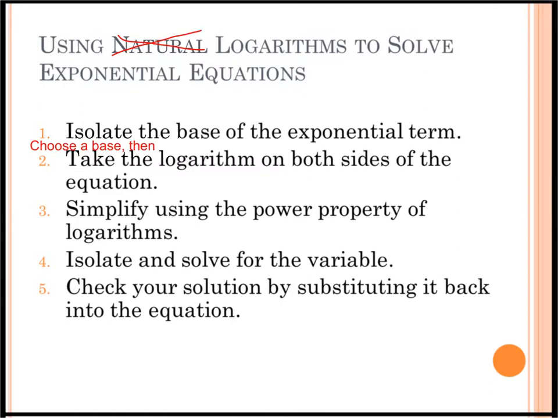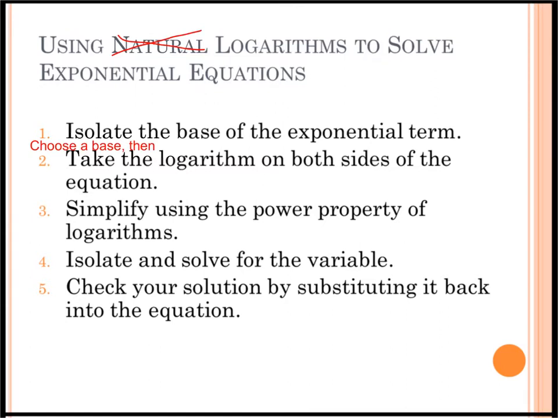Generally our exponent is our variable, and we want to get that out of the exponent so that we can solve for it. Then we'll just isolate the variable after we have it out of the exponent. Sometimes we want to check our answers because we can come up with extraneous solutions, which means when we solved it, it looks like it's a solution, but when you plug it back into the equation, it actually doesn't work.